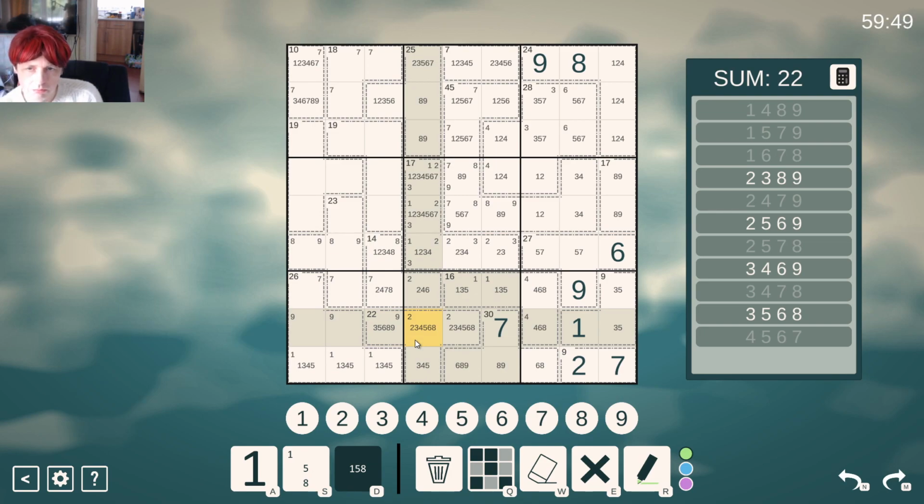That isn't 8, because 8's gone from the column. 2, 3, 8, 9 is possible. 2, 5, 6, 9 is still possible. 3, 4, 6, 9 is still possible. 3, 5, 6, 8 is still possible.